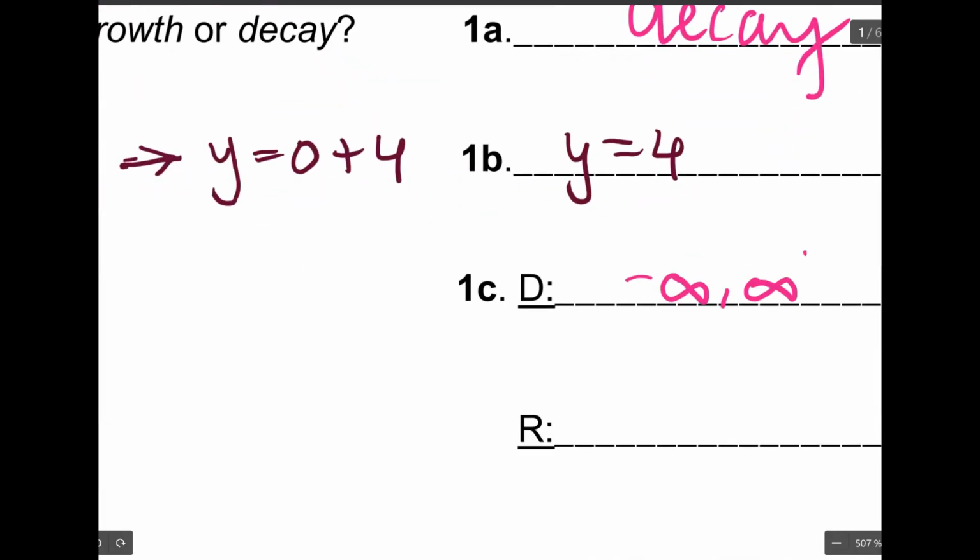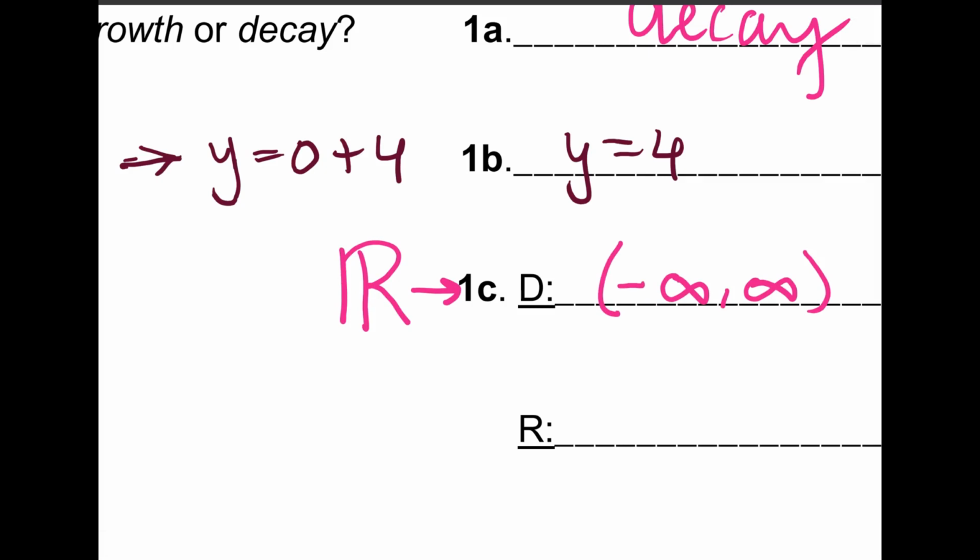So we know it's going to be all real numbers, but I want you to get in the habit of saying negative infinity to infinity, mostly for sophomores and juniors, because that's what you're going to have to use next year. I'm telling you what I want you to write.